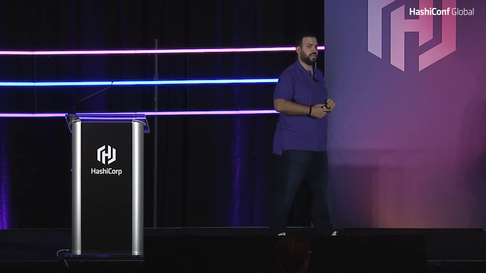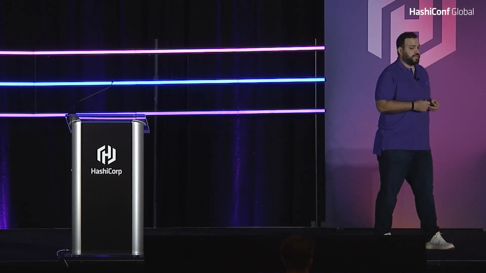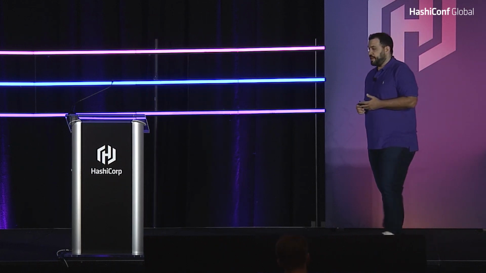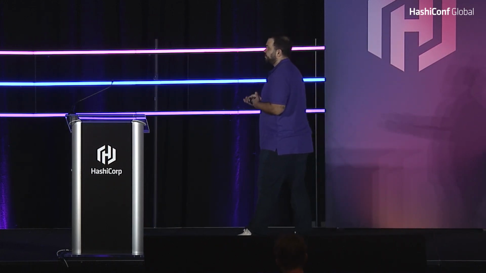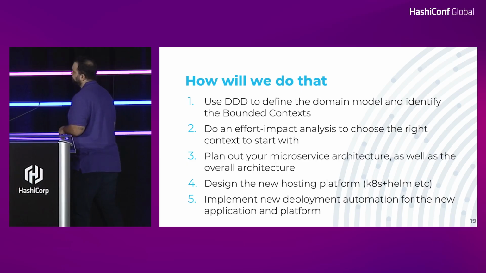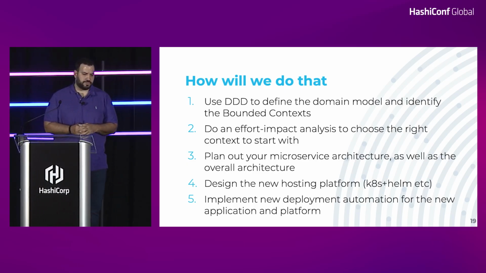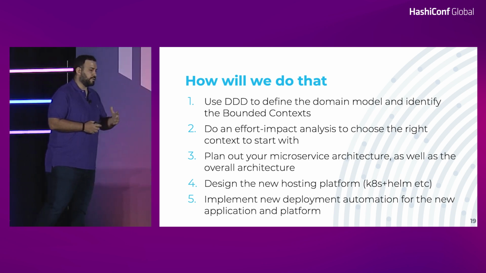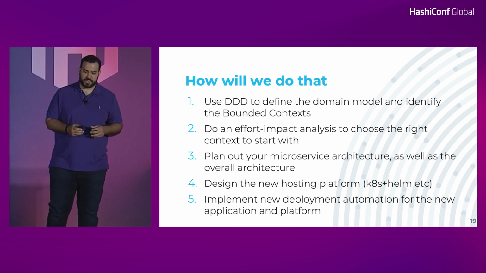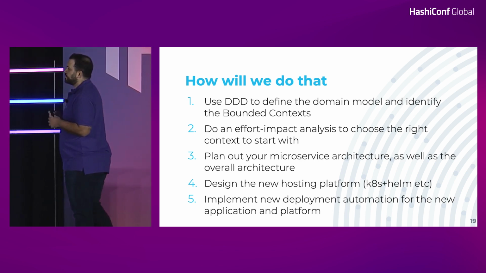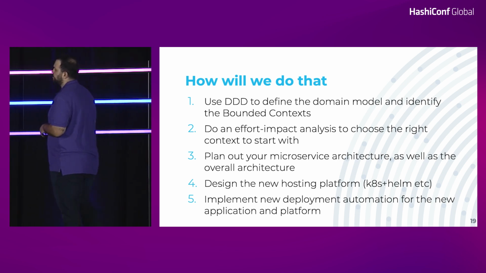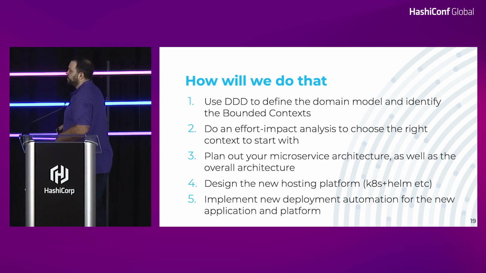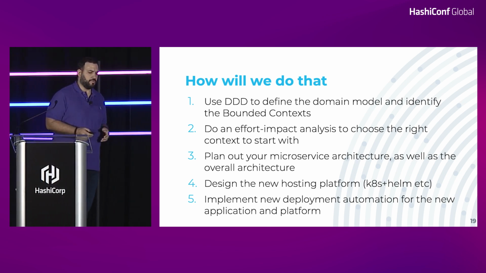So if we are deploying an application weekly, then probably that's going to have a big impact if we refactor that application and we are able to redeploy it independently. If we have an application that has scalability issues, then probably we want that to be independent. Then we're going to plan out the microservice architecture, the new architecture. At that point, we're going to see that we're going to need to implement a gateway pattern, and then we're going to design and deploy the new hosting platform and implement the new deployment automation for the new environment, for the new platform and the new application.